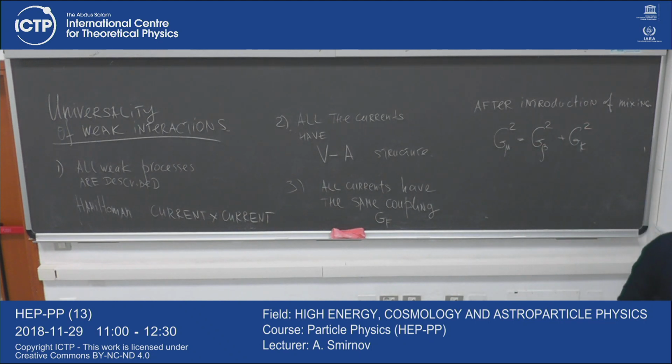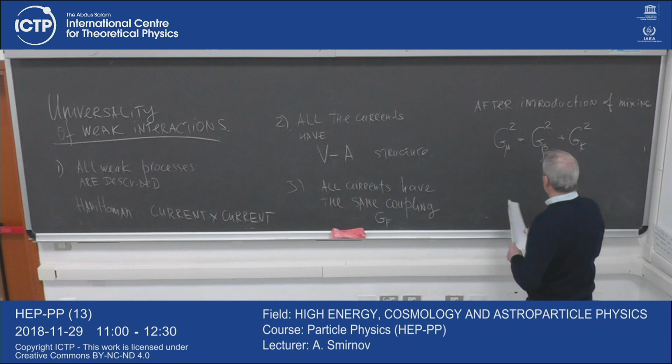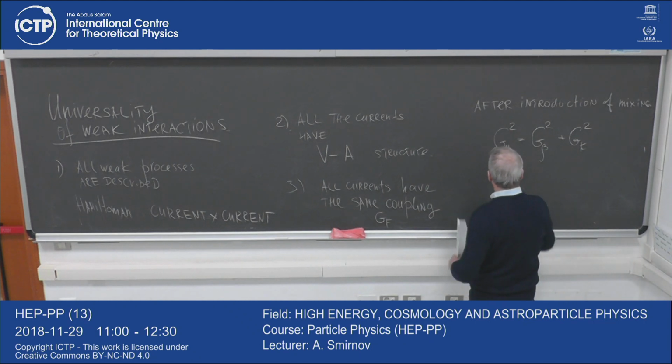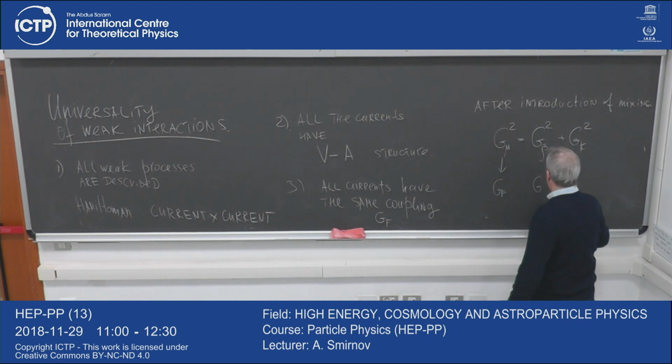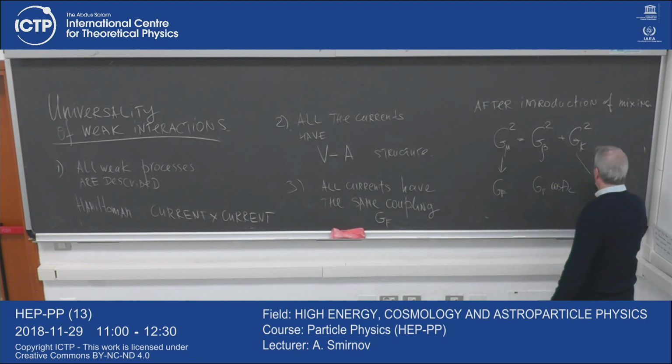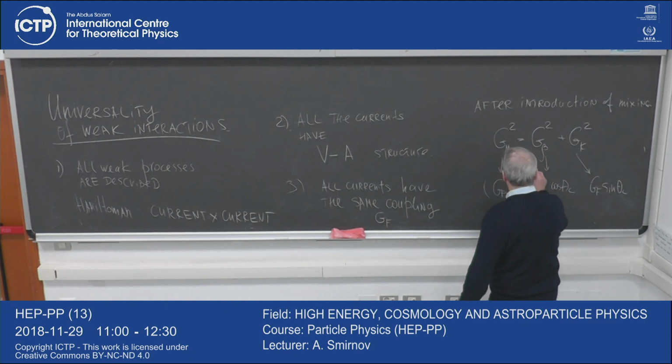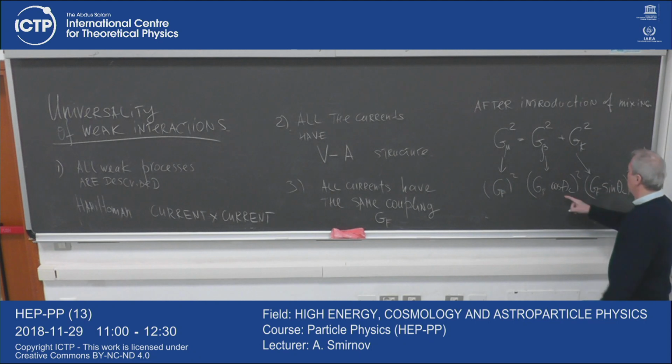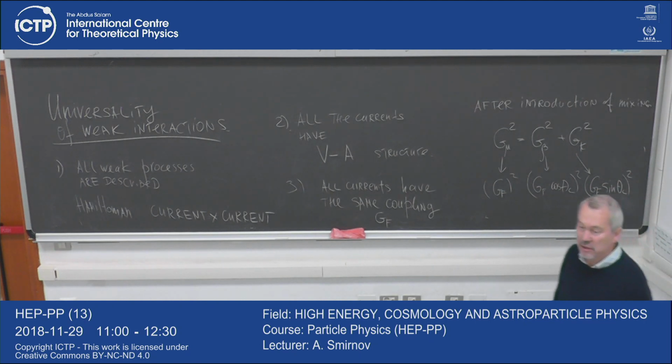So this is the coupling which appears in pion decay and beta decay, and this is what appears in K decays, which actually confirms this possibility to parameterize all these couplings in the following way. So this is what we call G Fermi, and then square this. This is G Fermi cosine theta Cabibbo, and this one G Fermi sine theta Cabibbo. And of course, we need to square them. And we see this parameterization precisely matches observations.